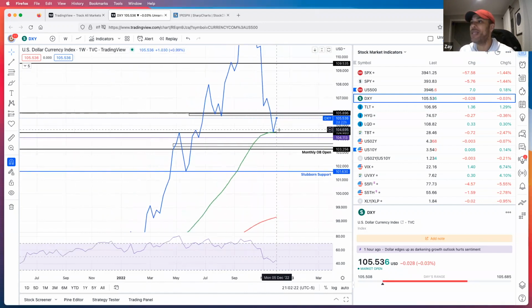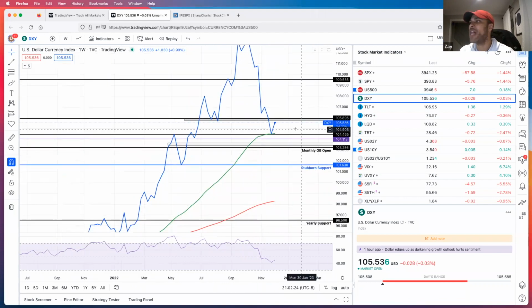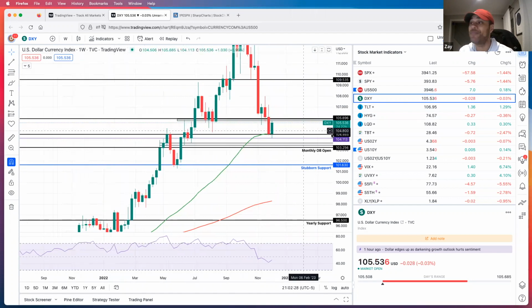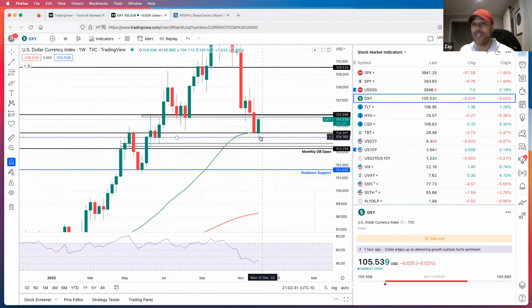Because ultimately, as we look at the dollar from a weekly, two things need to happen for this turn to really be legit. For the dollar to start its turn, it would need to break this weekly high, which is 107.19, so basically 107.20.